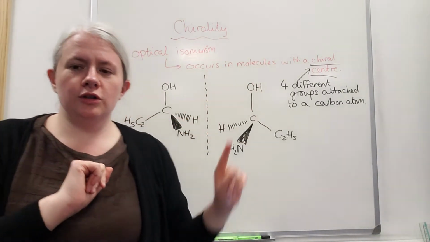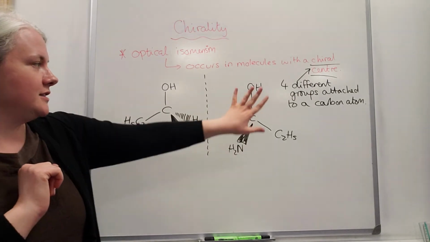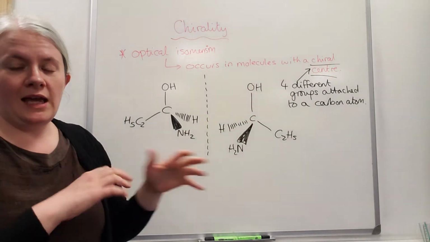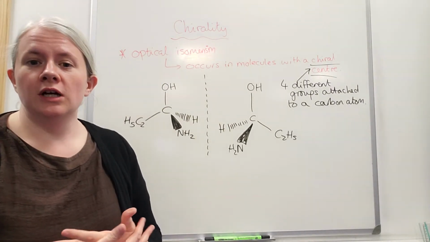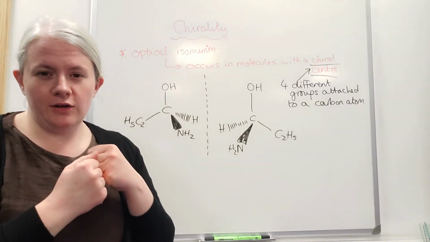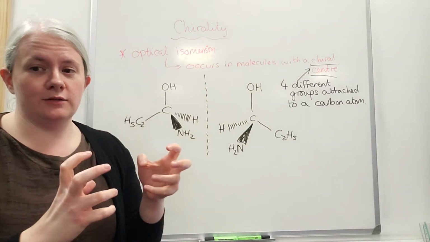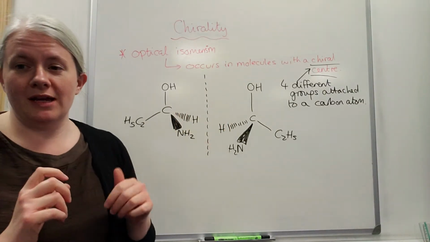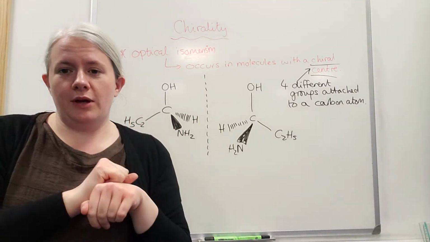So the molecule on the left here, if we lined it up in front of the other one, it wouldn't match. Molecular models are a really good tool for you to have a play yourself and realise that no matter how you rotate them round, once you've set them up as mirror images of each other, you can never get them to superimpose on top of each other.